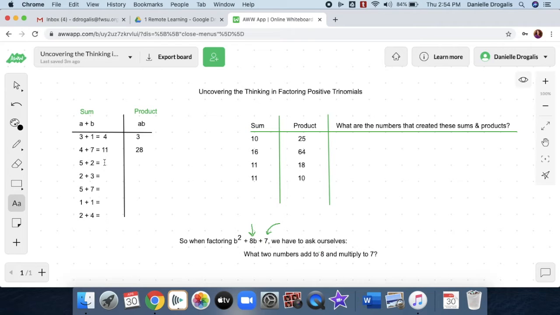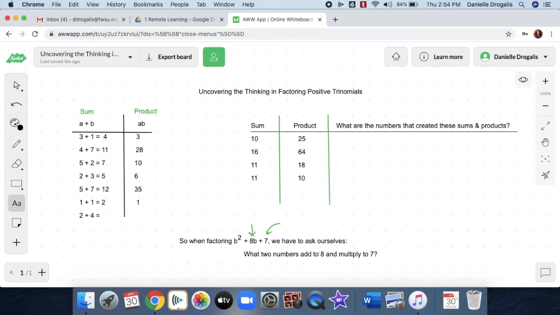So 5 plus 2 is 7. But when you take 5 and 2 and multiply them together, you'll create a 10. And 2 plus 3 is 5. But when you multiply those together, you get a 6. 5 and 7 added together, the sum is 12, and their product is 35. 1 and 1, when you add them together, gets you a 2, but their product, when you multiply them, remains the same, an identity of 1.